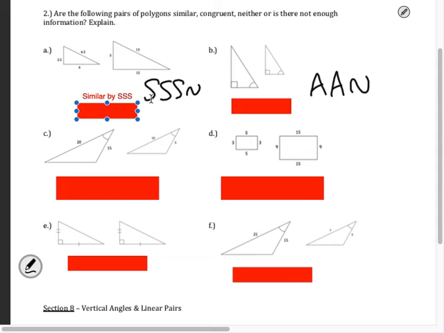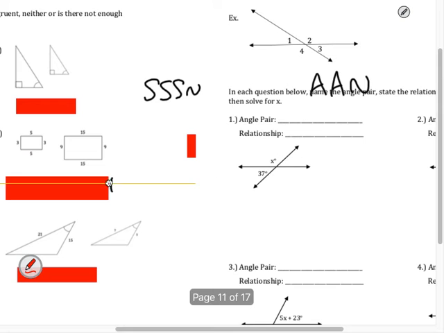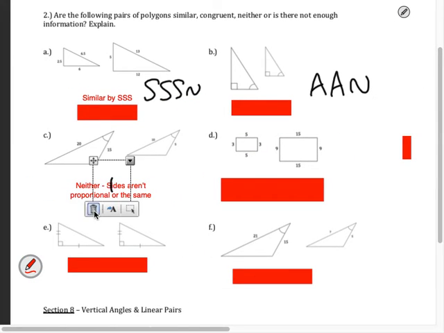On C, we have 10 to 20, 5 to 15. This is neither. There are physical numbers here, guys and gals. This is neither. The sides are not the same or proportional.